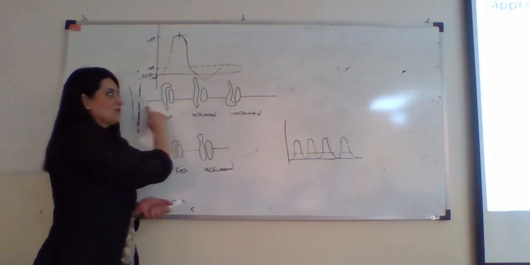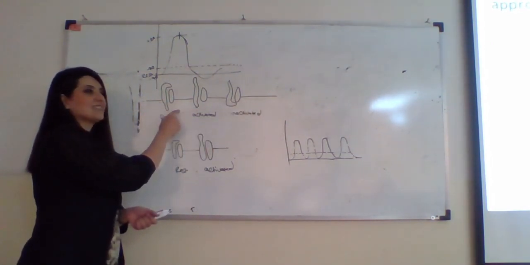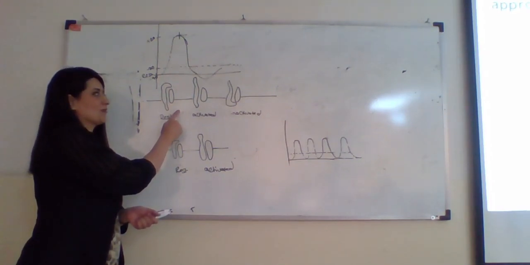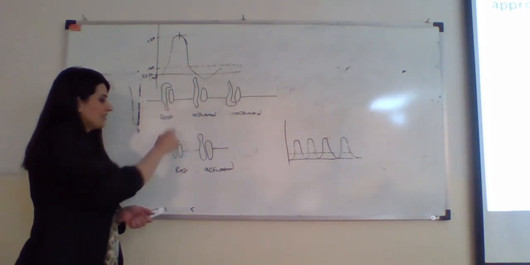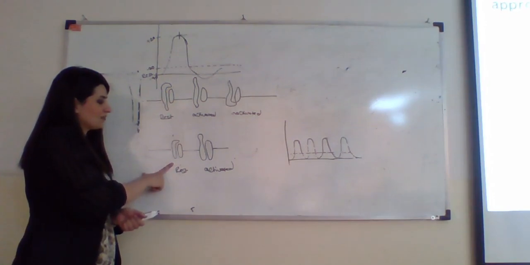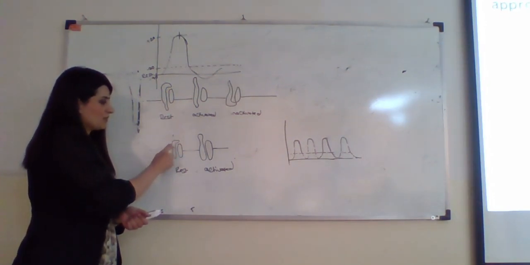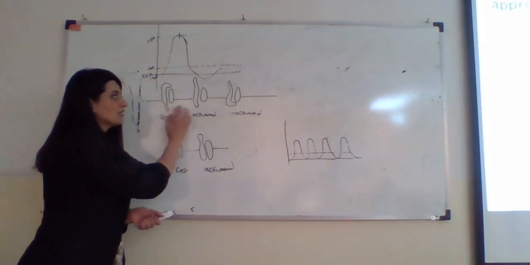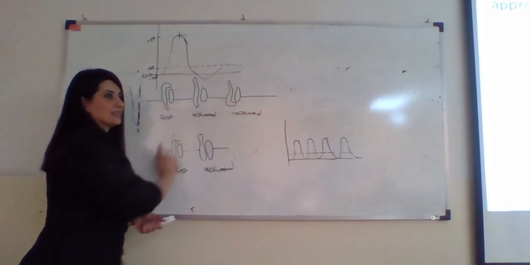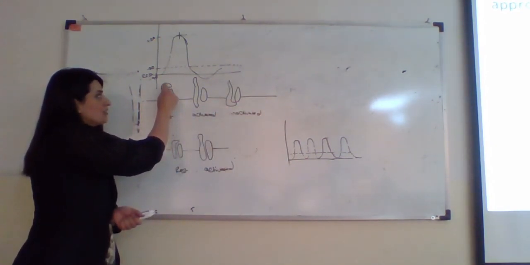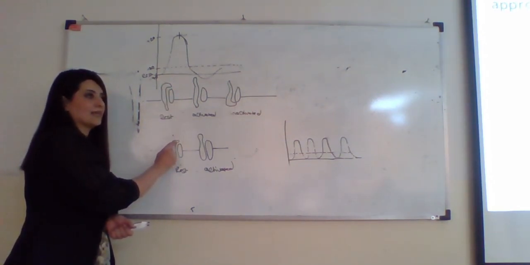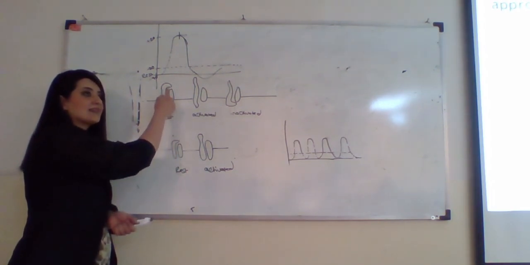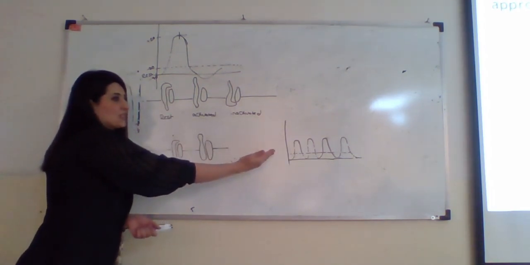As we see, I have drawn these pictures. Which one of them is sodium? Yes. How do we know? It has two gates, and this is the voltage gated potassium channel, because it has only one gate. I have drawn them during different phases of the membrane polarity, during resting state and the action potential state.